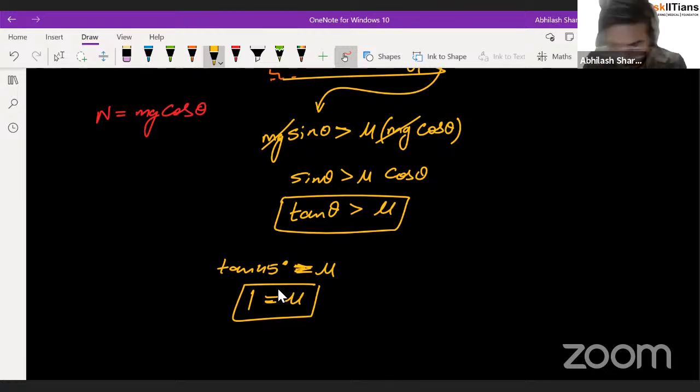Correct? All right, now this is not smooth. A mu of one means a very rough surface. If it was a smooth surface, it would have slid off even at a smaller angle. Immediately it would have gone down.